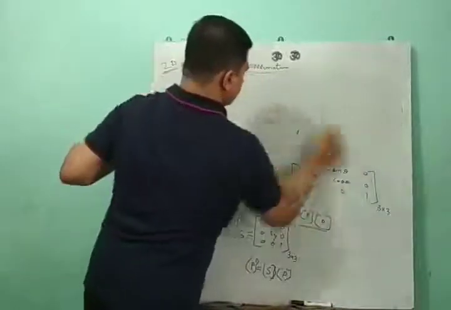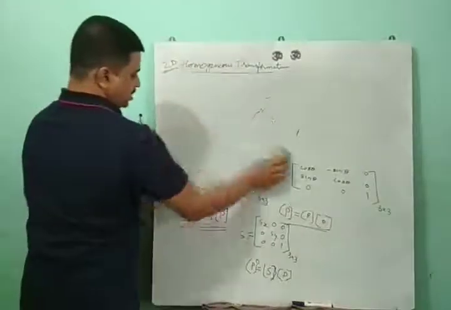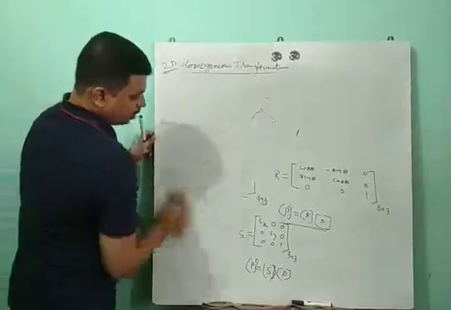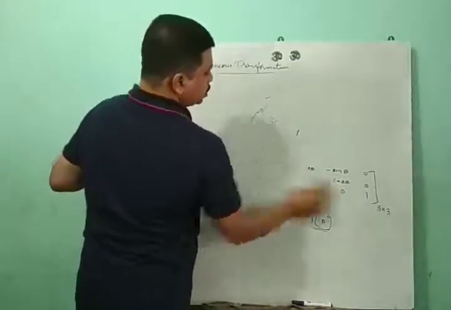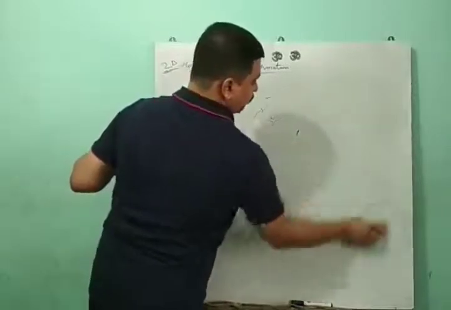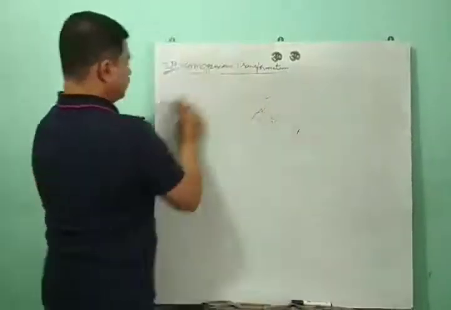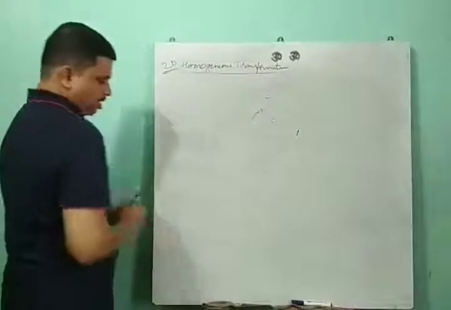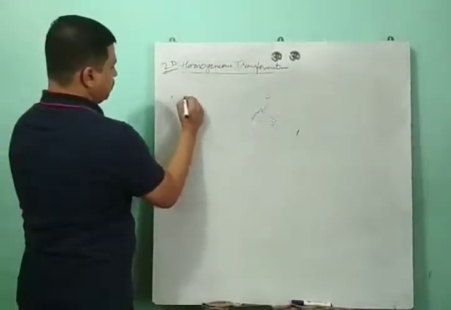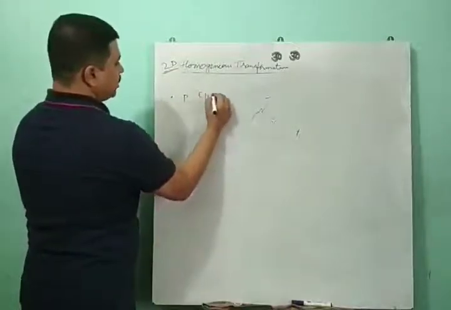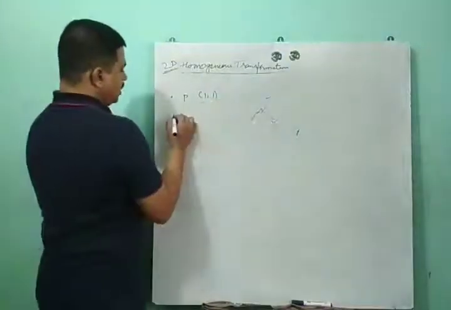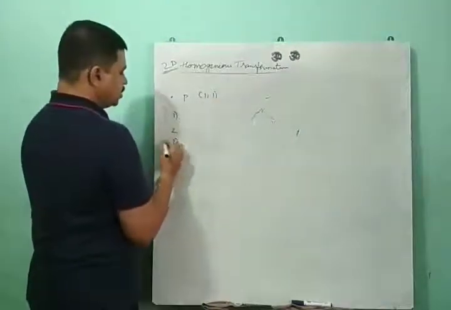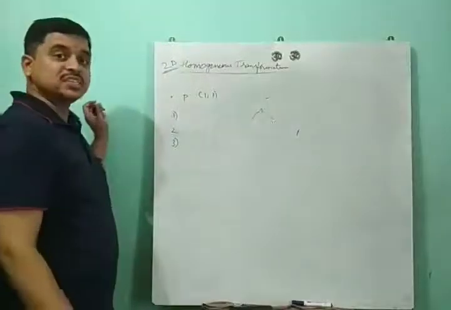So using these homogeneous representations, we are going for concatenation of operations. That means two or more operations are performed on a single point. For example, consider a point P located at 1, 1. On this point, we are performing many operations in sequence.